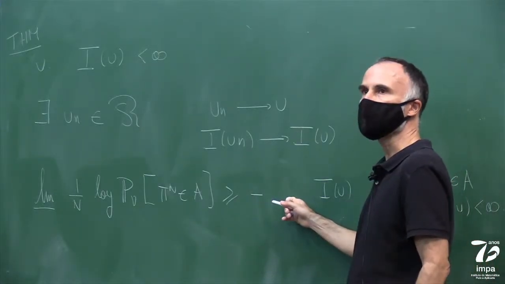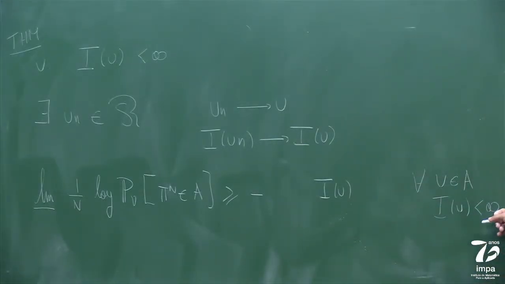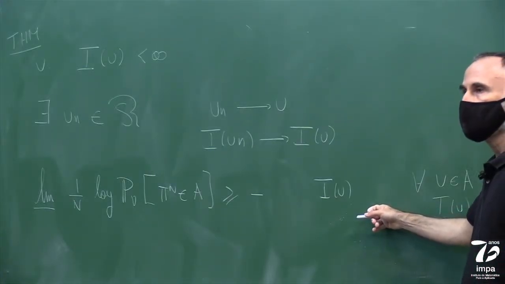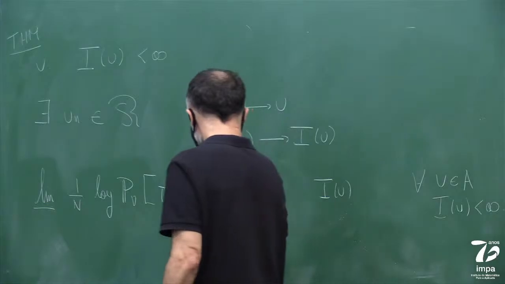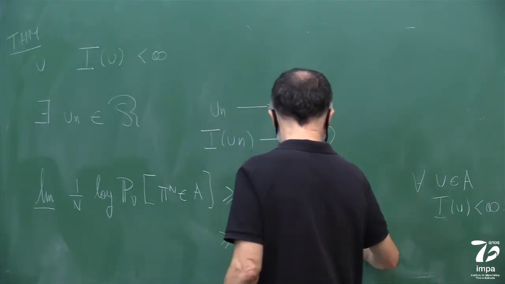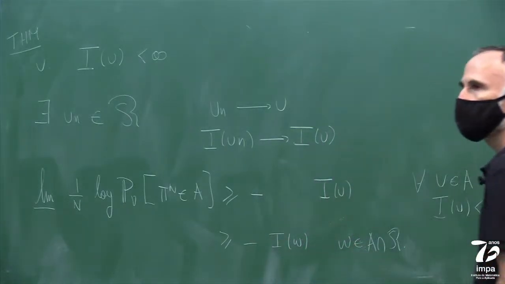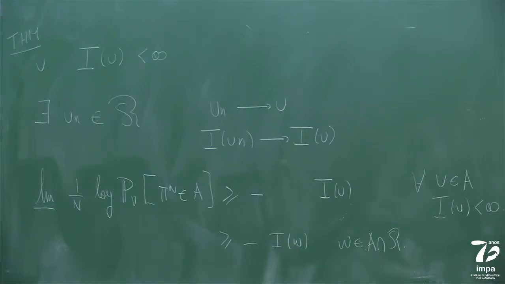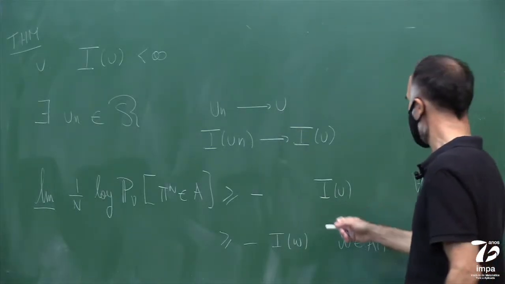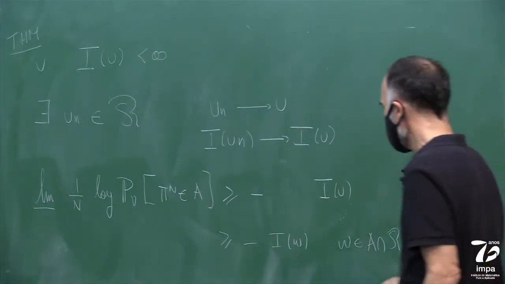I'll get here the infimum over all u in A, and I can remove this restriction as I said. So this is what I need to prove. What I can prove is that this is larger or equal than minus I of w if w belongs to A and R. Okay? But now fix a u in A for which that holds.